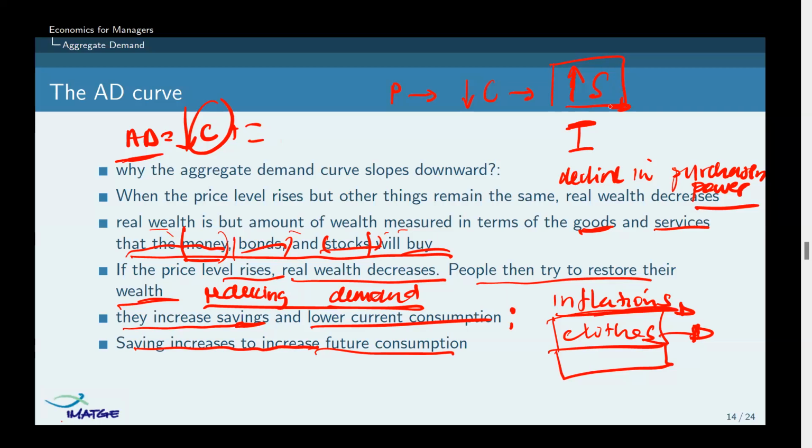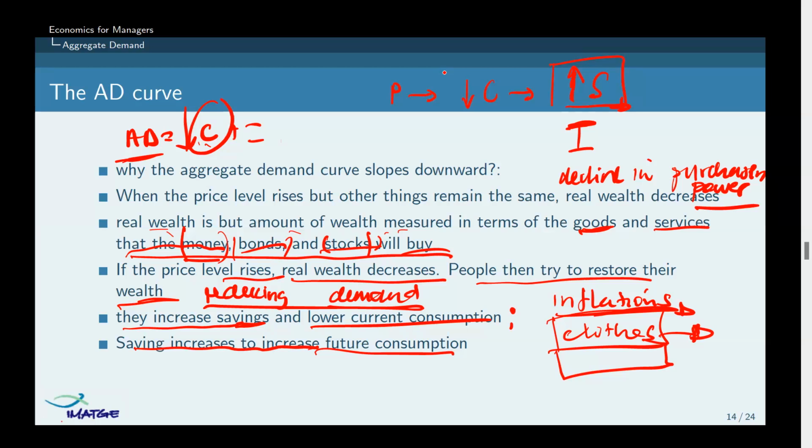But now it will be a matter of whether companies are willing to invest in the economy given the increase in the price level. So I'm just trying to show you that even if we have a reduction in consumption and an increase in savings, there is an impact on the current level of consumption, such that people are switching between savings and spending.